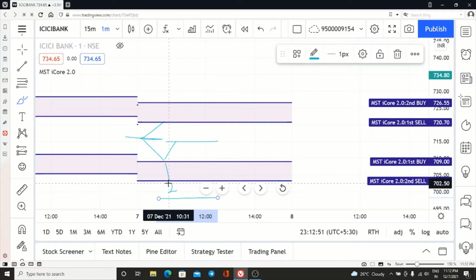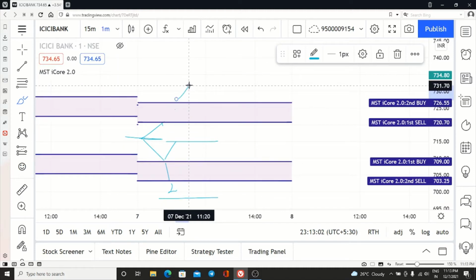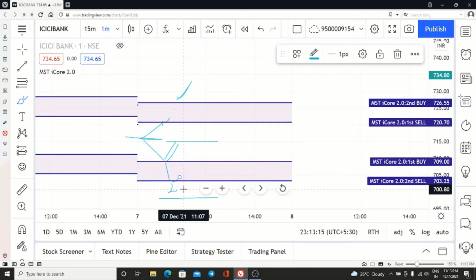This second entry should be an advanced trade. While you are placing your first buy, you have to place your second sell. While you are placing the first sell, you have to place the second buy. Once the sell is activated, you can immediately place the second buy. Once the buy is activated, you can immediately place the second sell. Whether you are taking a double lot or a single lot is up to you, but same-day loss recovery is possible.